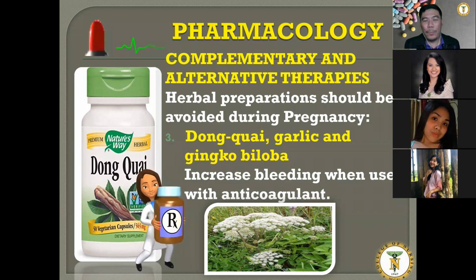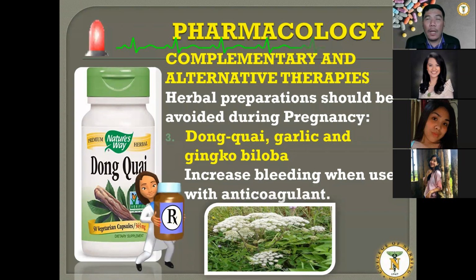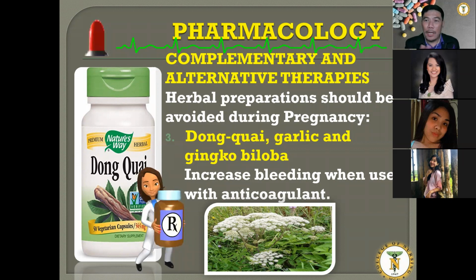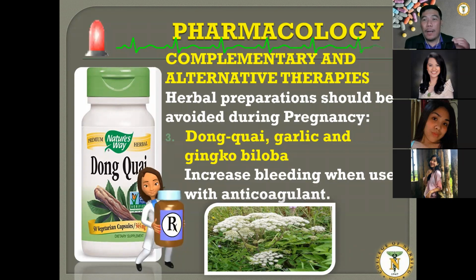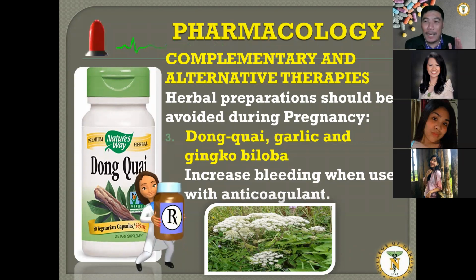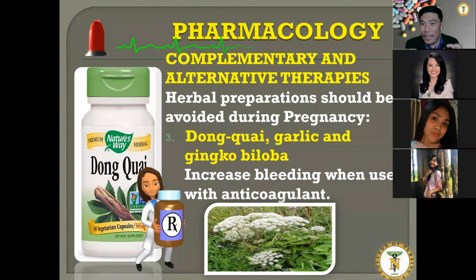The problem is that they should be avoided simply because of the chances that they may increase bleeding when used with an anticoagulant. For example, if the pregnant mother was prescribed an anticoagulant, like those anticoagulants ending in -rin, such as warfarin, aspirin, heparin.